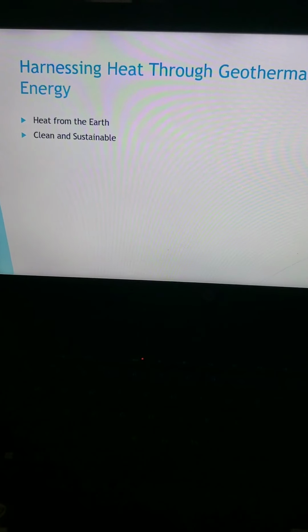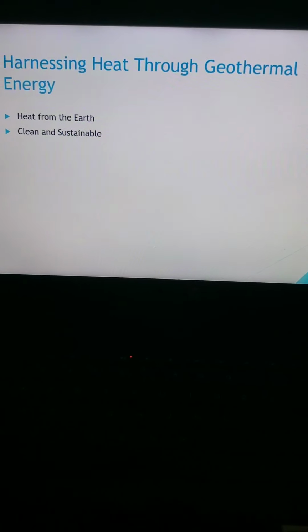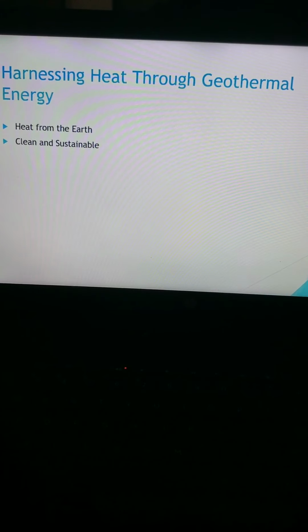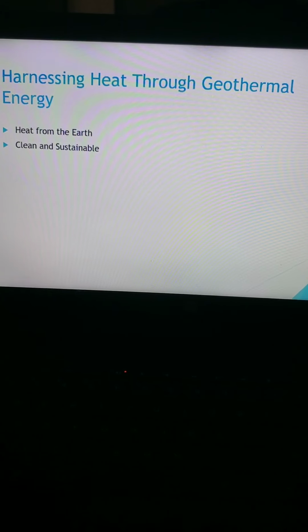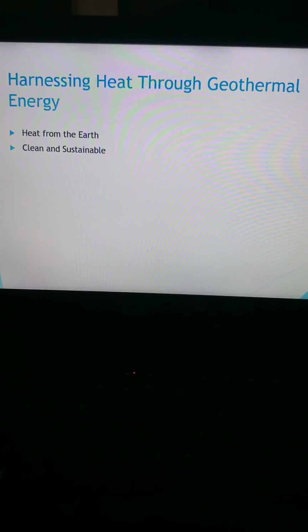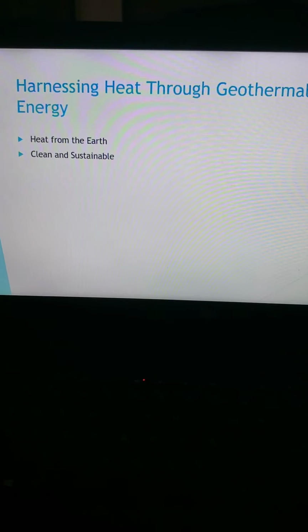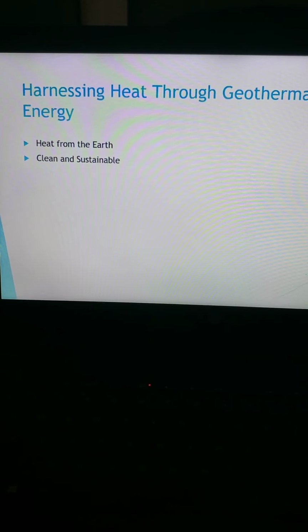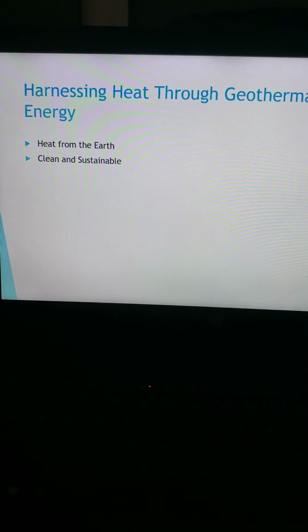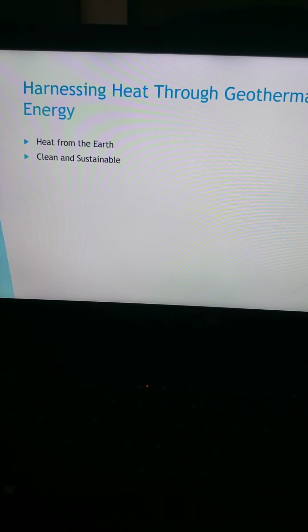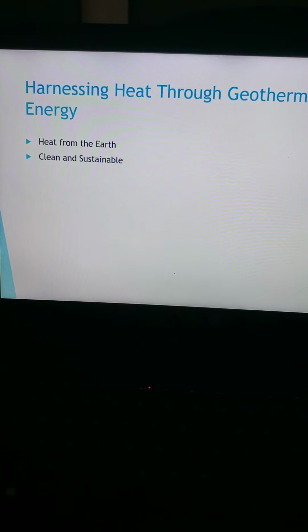However, geothermal energy is not 100% clean, but it is 100% renewable because greenhouse gases still emit some stuff into the air, but it's less than burning fossil fuel.